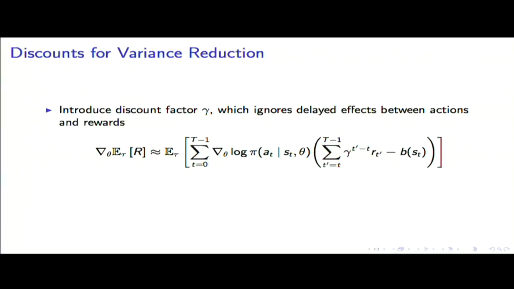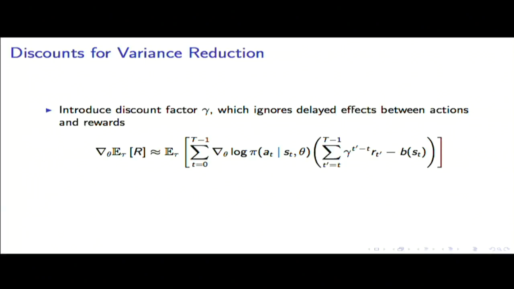OK, so now we can get more variance reduction by introducing a discount factor. Remember that the discount factor appeared in our discussion of policy iteration and value iteration, where we were using it because otherwise we might have an infinite sum of rewards, and so our objective or our value function would be unbounded.